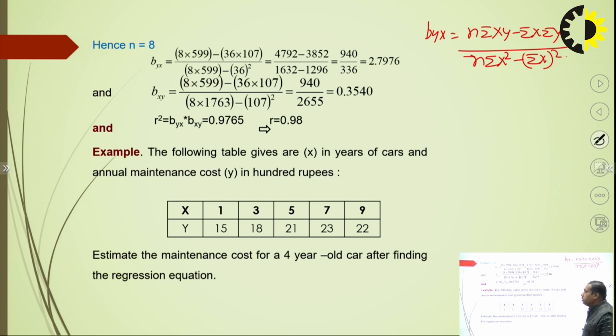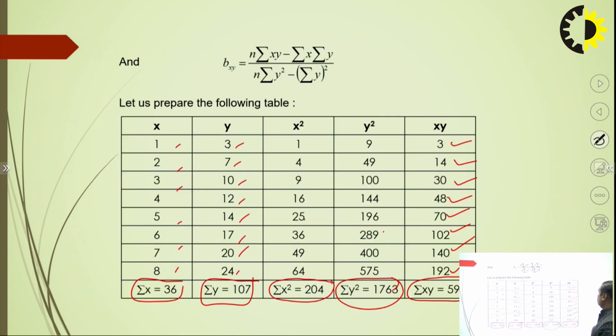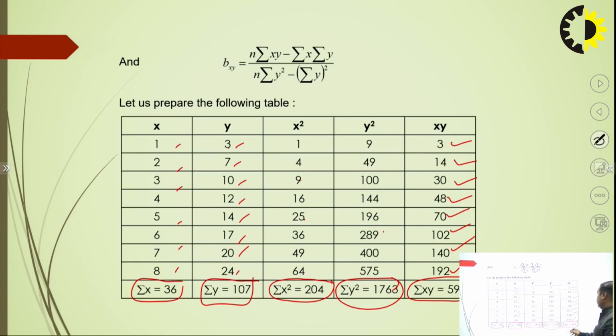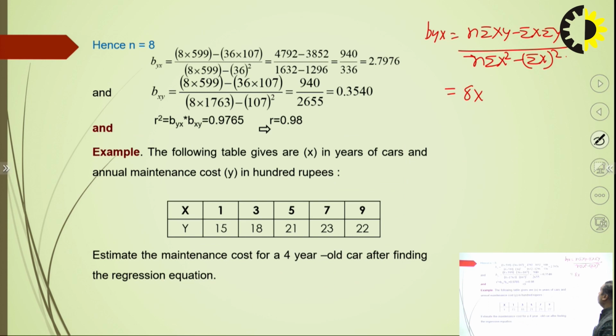Putting these values in this relation, n is 8 into summation xy 599, minus 36 into 107, summation x and summation y.